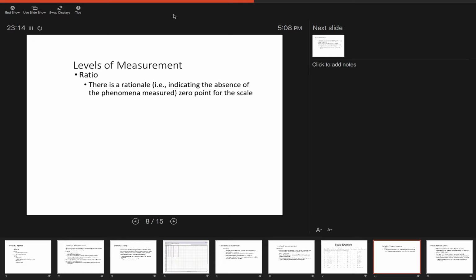But this nominal, ordinal, interval, ratio isn't the only way to think about levels of measurement. Some levels of measurement collapse. It's really with ordinal and interval where you have some differences. This is the most common, but there are other ones. So let's think about this.